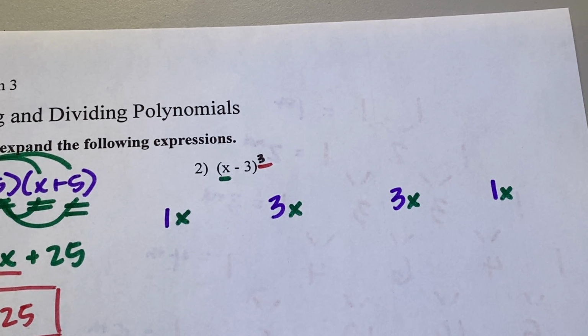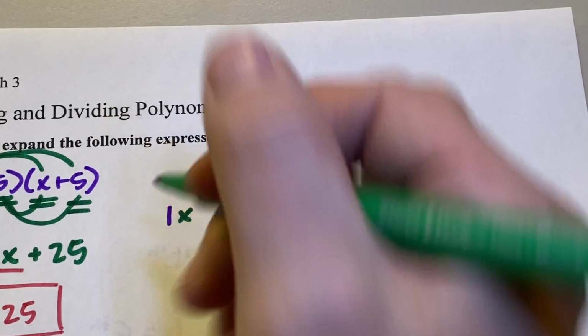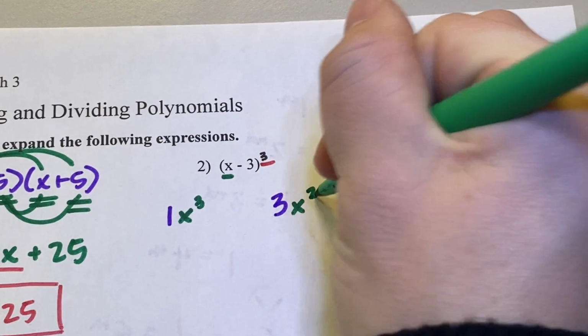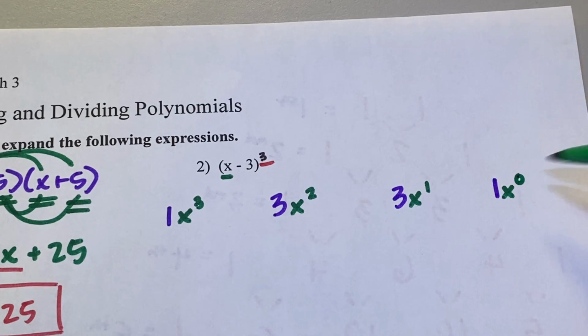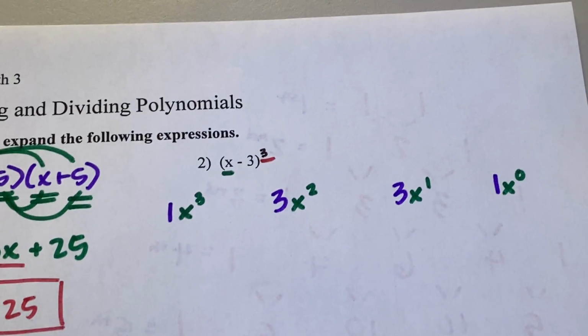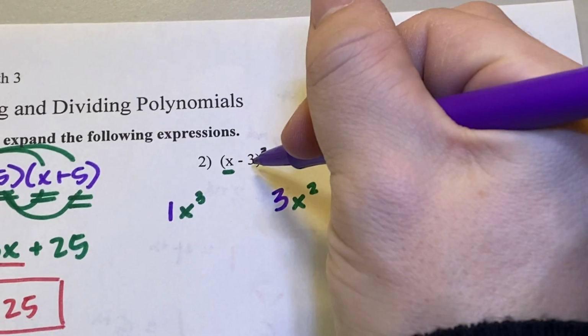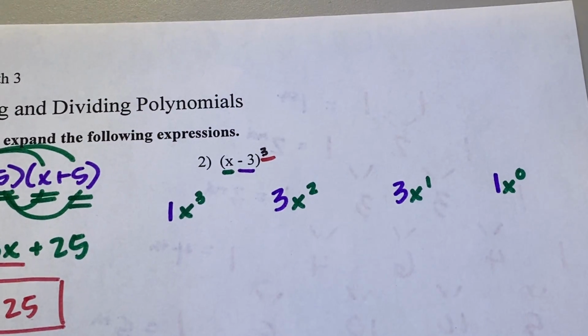Okay, remember our first term starts high and goes low. So it starts with our highest, 3, 2, 1, 0. Then we need to add our second term onto these guys. What is my second term in my binomial?